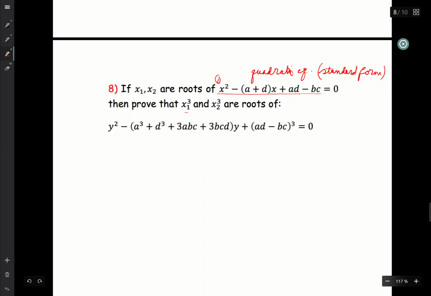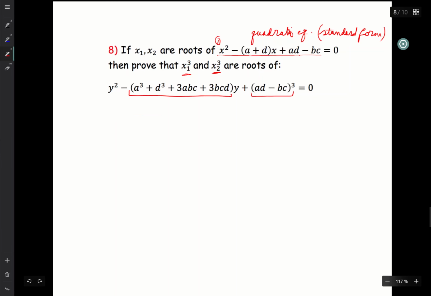Then prove that x1 cubed and x2 cubed are roots of this quadratic, which is a little bit scary, equation: y squared minus some coefficient times y, let's call it capital A, and some coefficient, let's call it capital B, and it's also in the standard form, right?